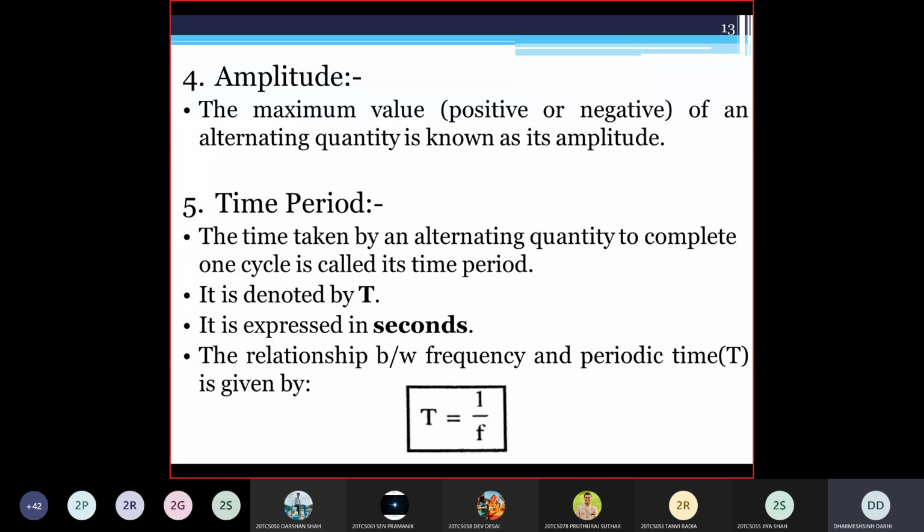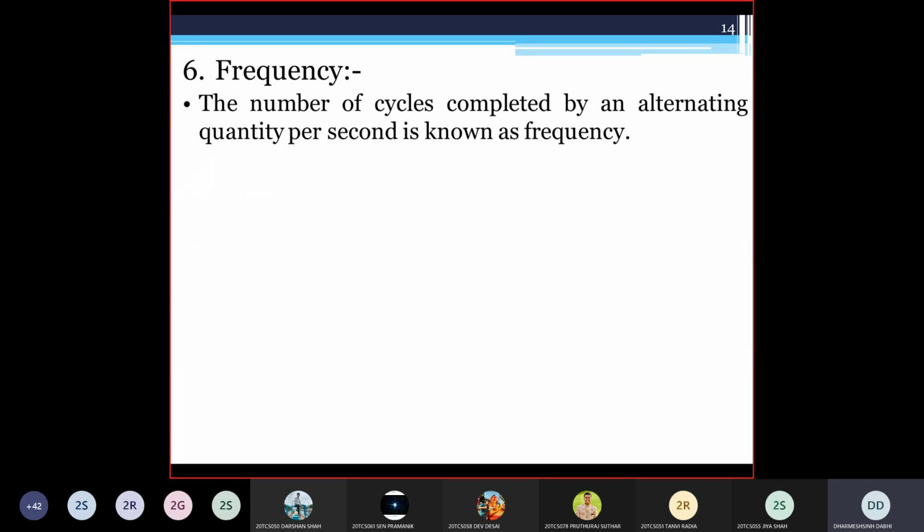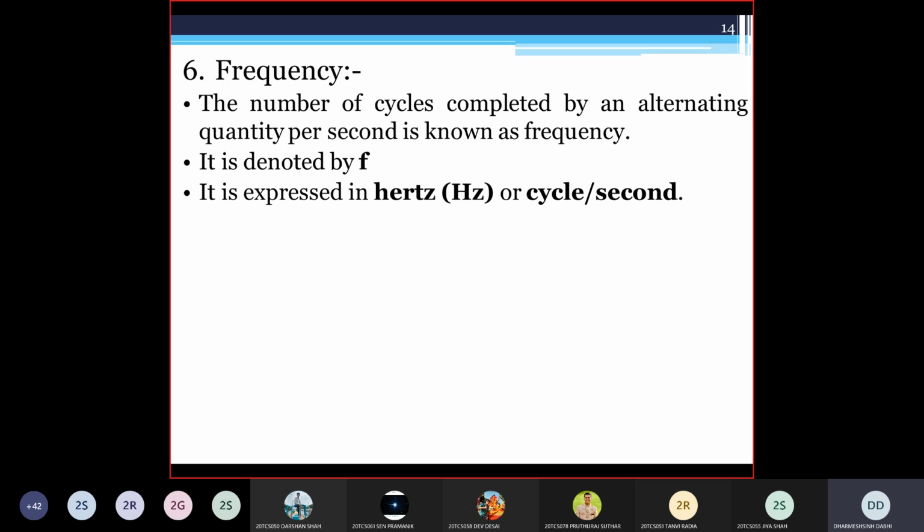So how many cycles happen in 1 second? You can write 1 second divided by 20 millisecond, which gives 50. So 50 frequency means the number of cycles completed in 1 second. It is denoted by F and measured in hertz, or cycles per second. Clear all of you? Definition of frequency.